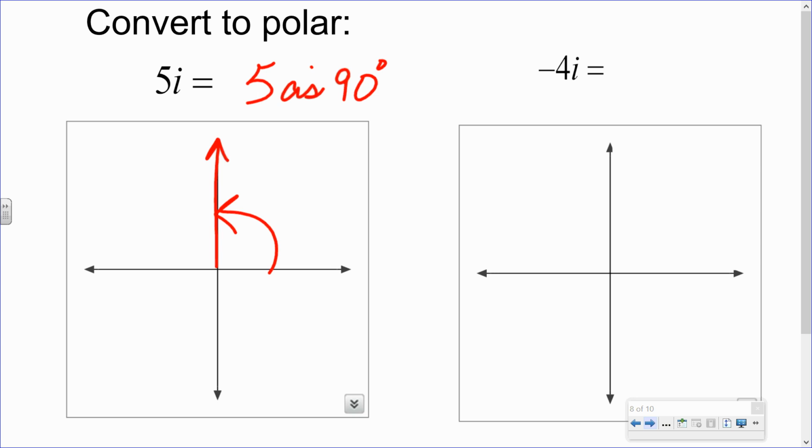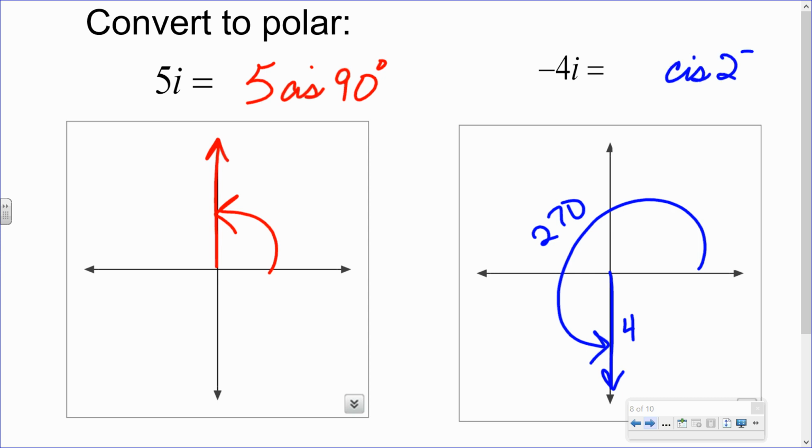Okay, now everybody point, where does minus 4i go? Okay, that one goes straight down. So how many degrees is that? So I'm going to have something cis 270 degrees, right? Do I want minus 4 cis 270 or plus 4 cis 270?